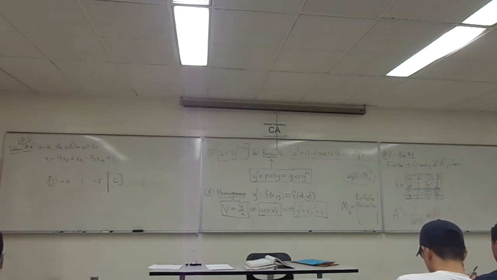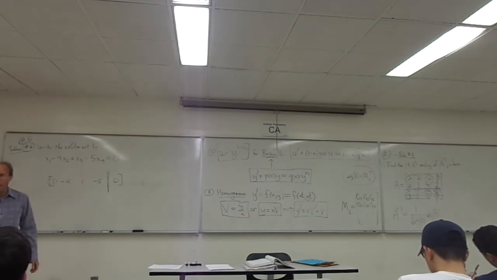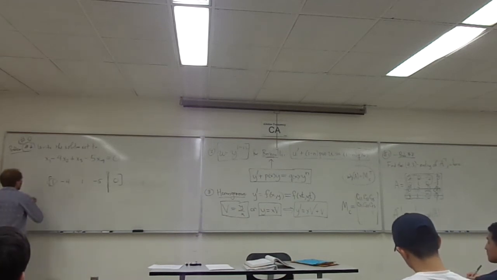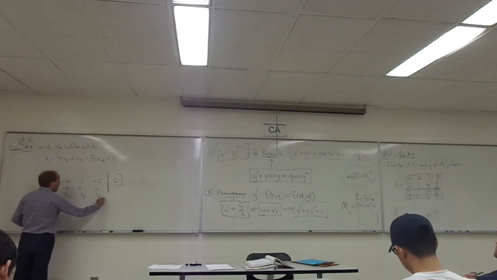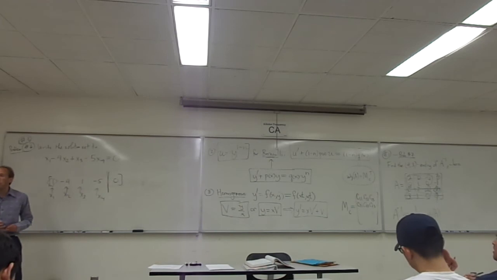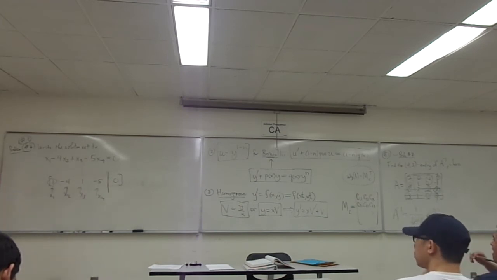Okay? So what you'll notice here is that, remember, it always comes down to the pivots. And also remember that the entries of the matrix correspond to your unknowns on a column-wise basis. The columns correspond to your unknowns.